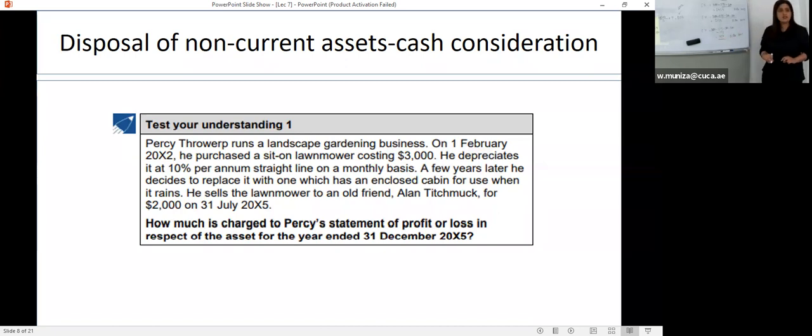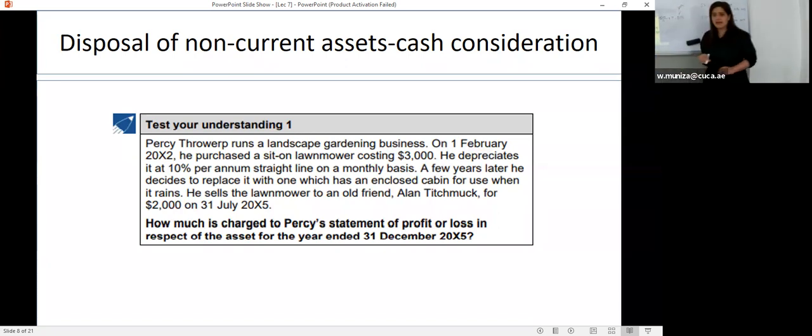So this value is going to be compared with the sale proceeds. How much is it? 1950. Now carrying value is lesser than the sale value. So what is it? It is profit. Okay. So profit on disposal is there.